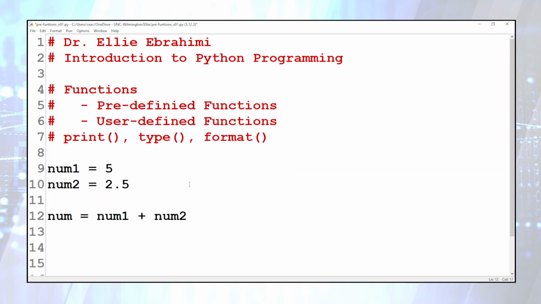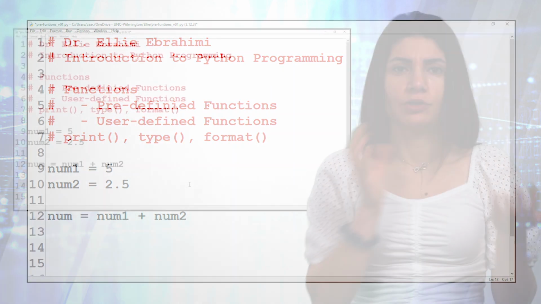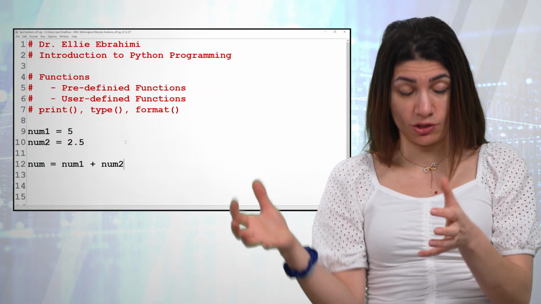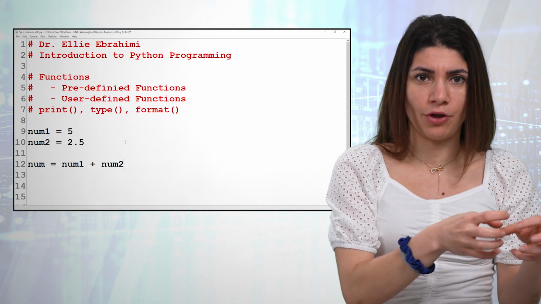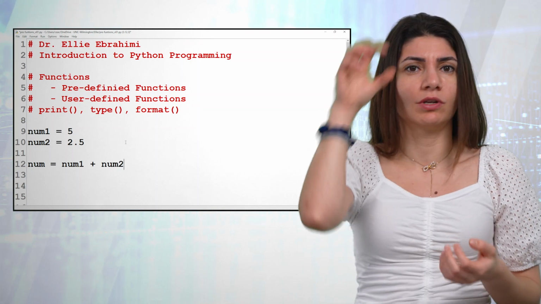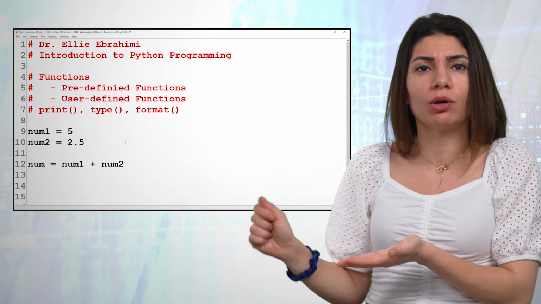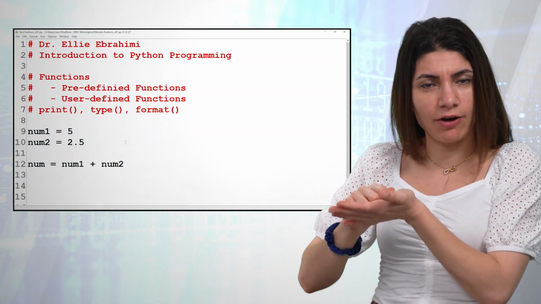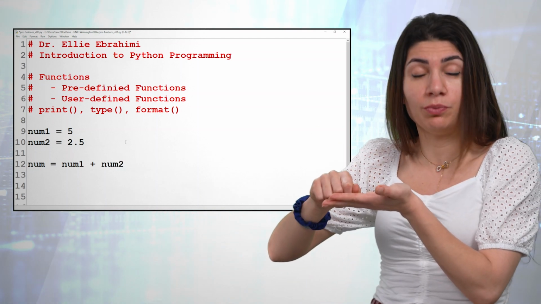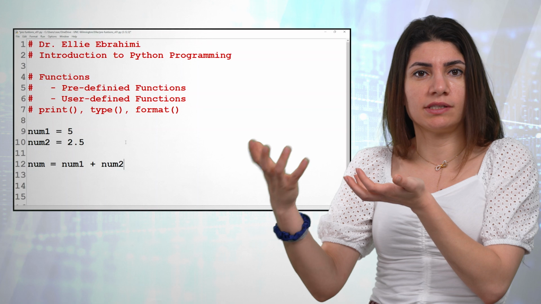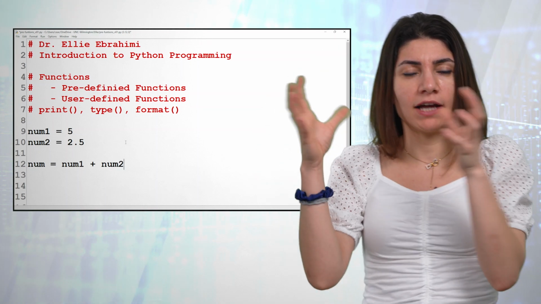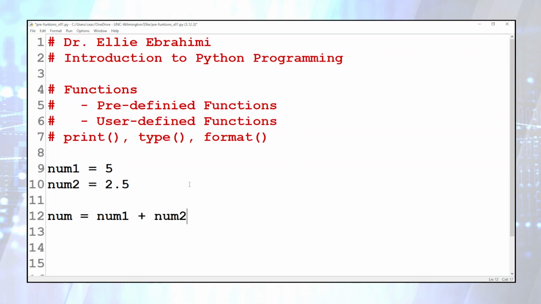So I have the addition of those two numbers, and I'm going to assign the addition into this variable num, right? Basically what it does, like what we do in the real world, you take the value 5, add 2.5 to it, the result is 7.5, and that value is going to be assigned to that variable num.